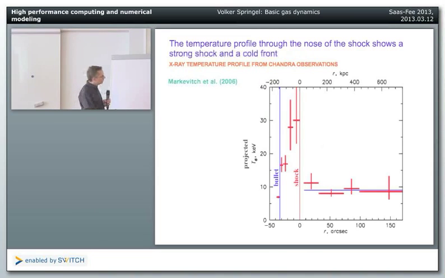So you have here two discontinuities. One is interpreted as a shock, and the other discontinuity that we saw in the temperature is the contact discontinuity. The cold material, you shoot the cold gas into this parent cluster, which is a little bit hotter, and then ahead of this bullet you have this shocked material, which is very hot.